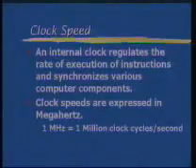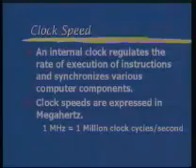After all, what is this? Well, a clock is an internal device of a processor which regulates the rate of execution of instructions and synchronizes various computer components.